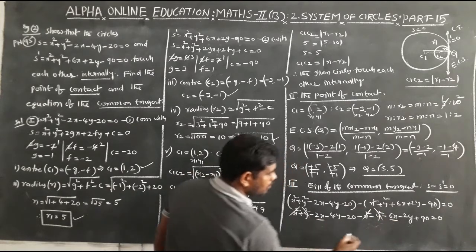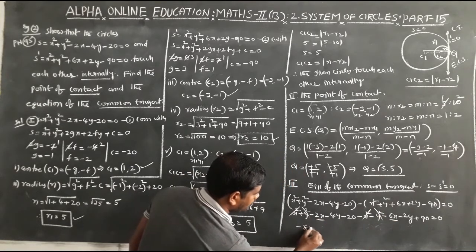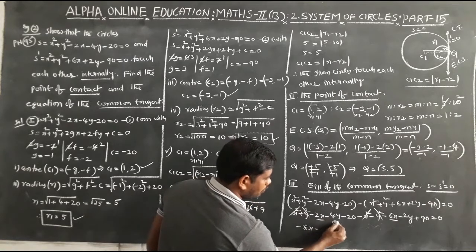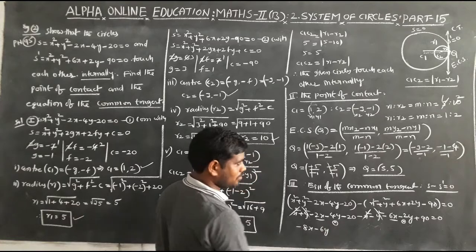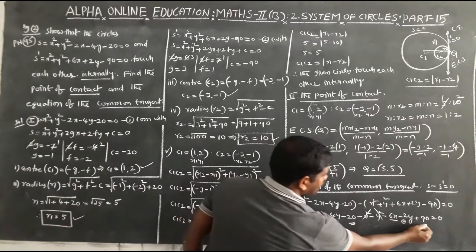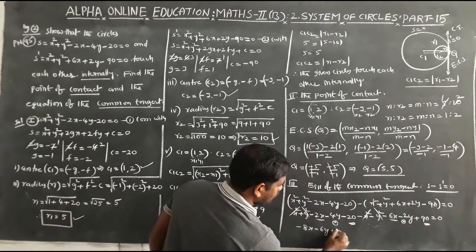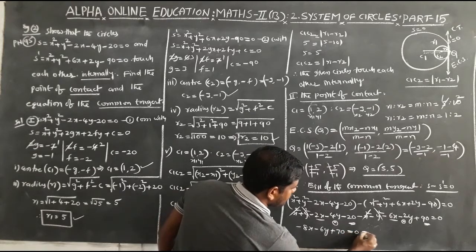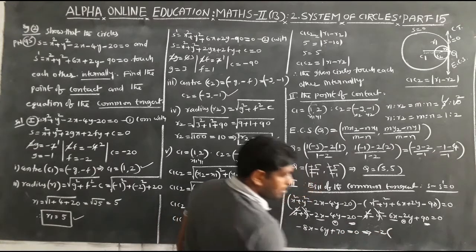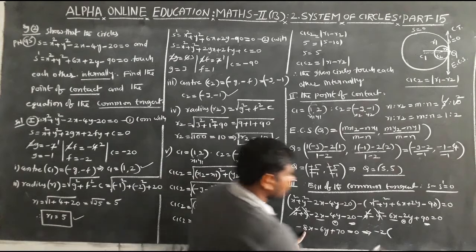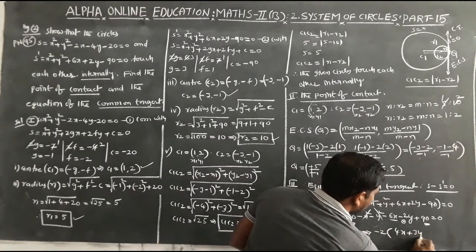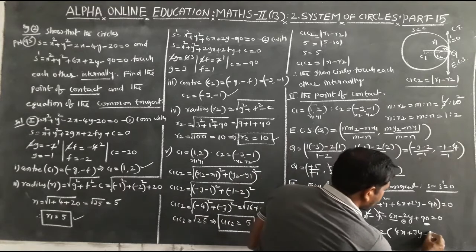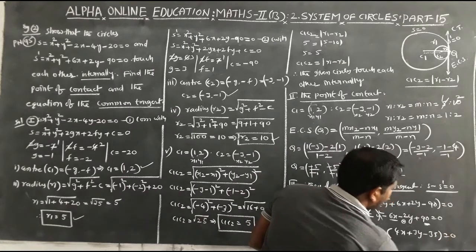Minus 2x minus 6x is minus 8x, minus 4y minus 2y is minus 6y, minus 20 plus 90 is plus 70, equal to 0. Taking minus 2 common: 2 4s are 8, 2 3s are 6, 2 35s are 70.